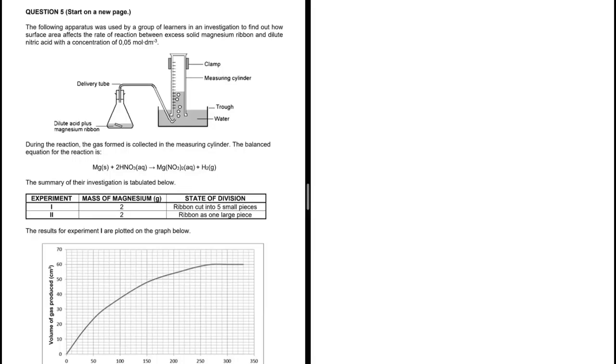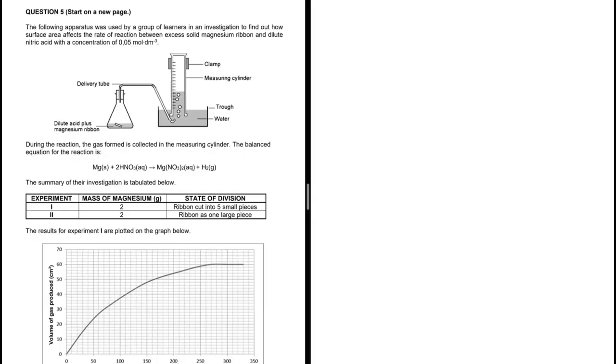Let's go to our equation. Right, our equation, we have magnesium plus HNO3, and then we get magnesium nitrate, Mg(NO3)2, plus H2. Okay, this is the reaction we have.